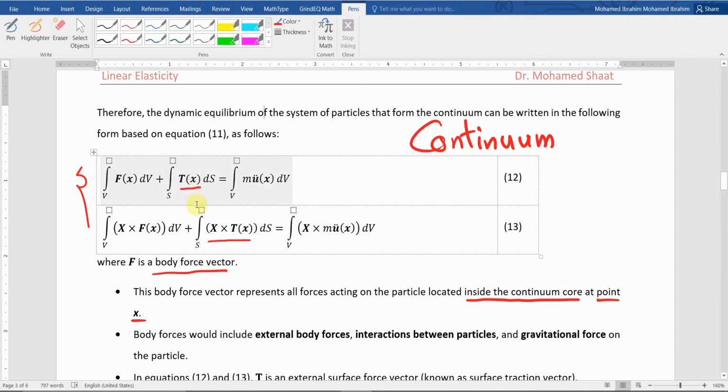So it means that solving these two equations is just to find the displacement of any point that is located inside the continuum. And remember that this point refers to a particle.